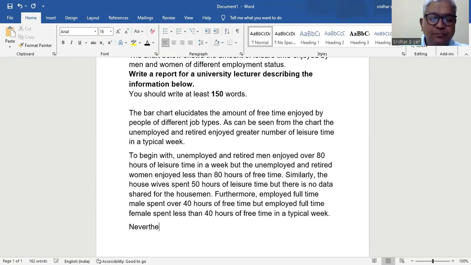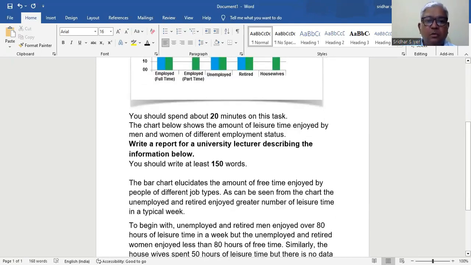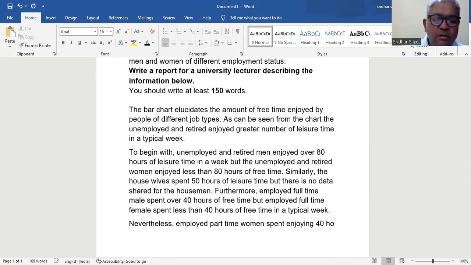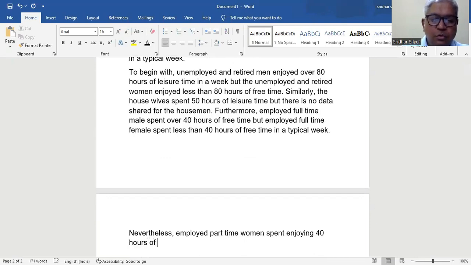Nevertheless, employed part-time women spent enjoying 40 hours of leisure time in a week, but there is no data given for employed part-time men.